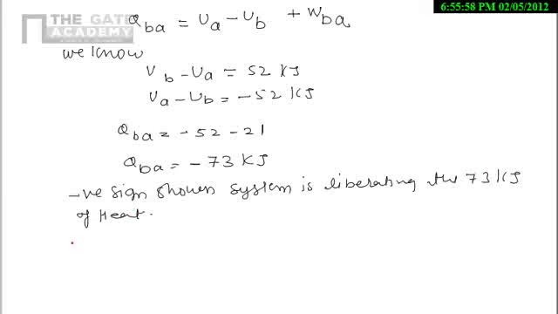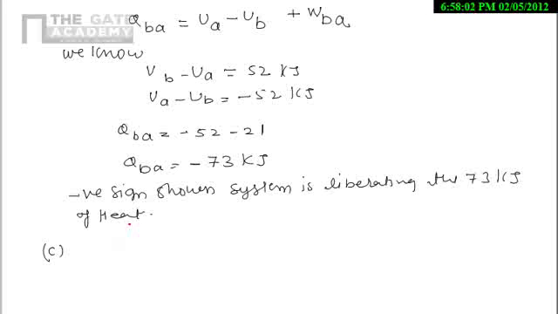Now let's come to part C. In C, UA is 0 and UD is 42 kilojoule. Find the heat absorbed in the process AD and DB. So now apply the first law of thermodynamics for the process ADB.